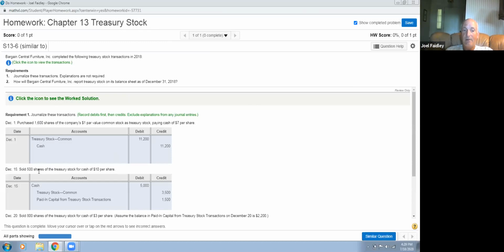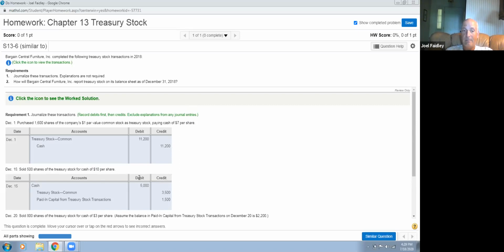Then we sold 500 shares, right? What did we sell it for? $10. So we sold it at a profit, didn't we? So 10 times 500 is my cash received. So there's my 5,000 debit to cash. Treasury stock has to come out how it went in. Well, it went in at 7, didn't it? So it's got to come out at 7.